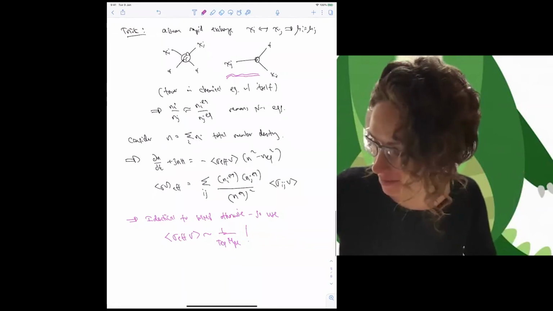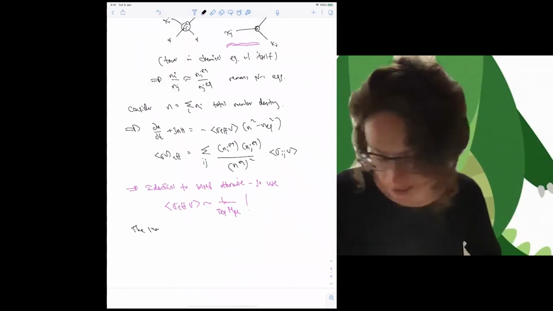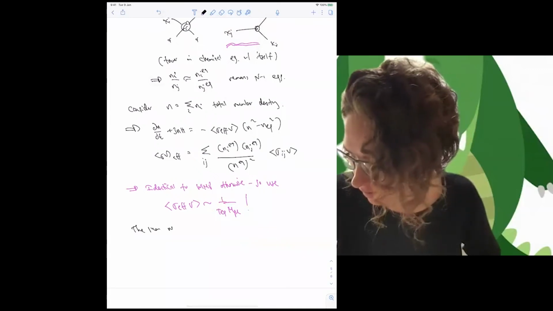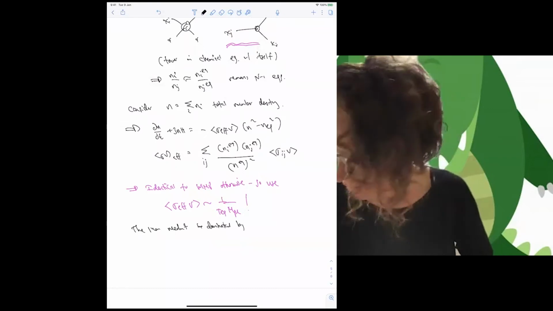So the sum, let's just write that out. The sum that enters this effective cross-section needn't be dominated by the lightest particle.